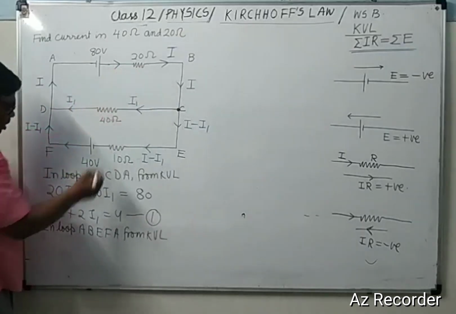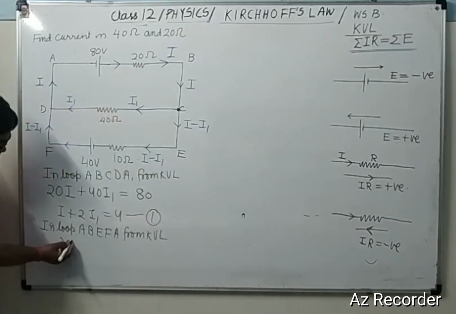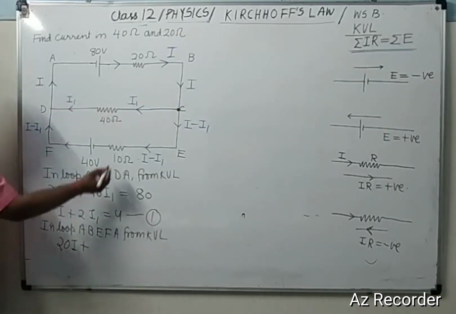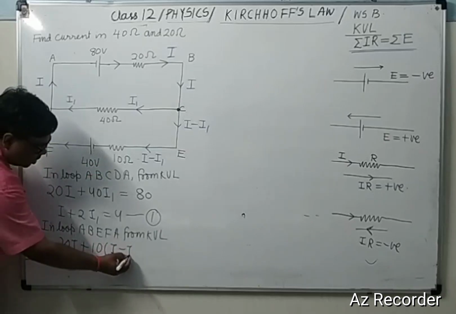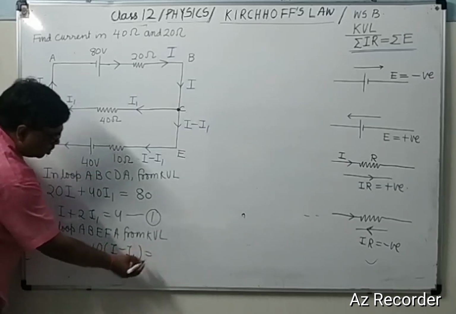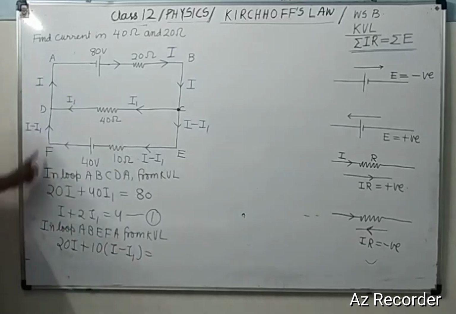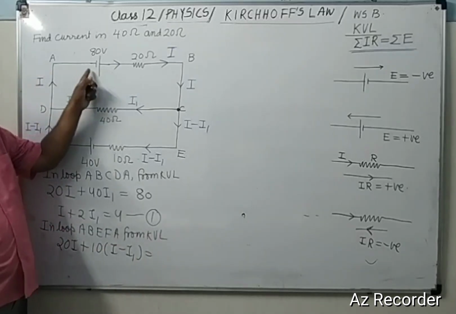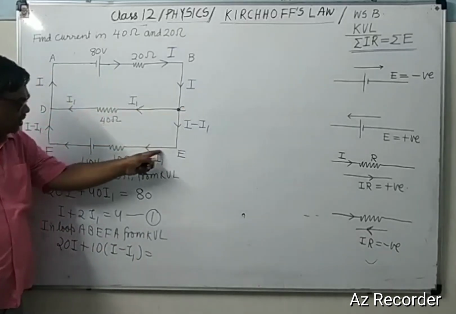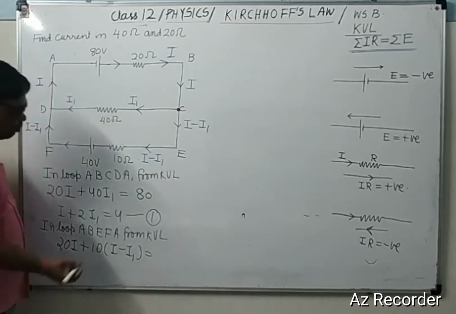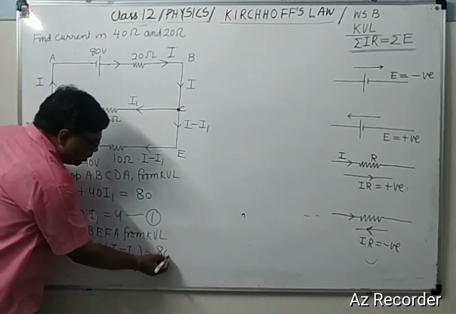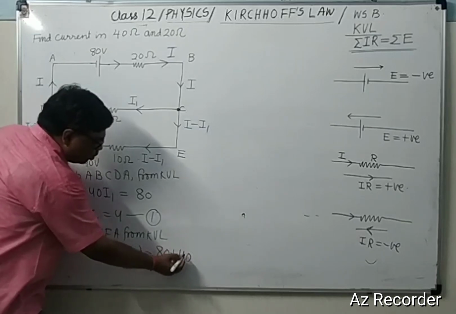What will be IR? 20 into I plus here it will be 10 into (I minus I1) equals to, if you see here you are crossing this cell from negative to positive, and here also you are crossing negative to positive. So EMF at both places you will take with plus sign. So 80 plus 40.